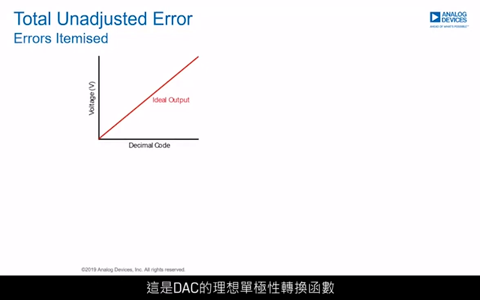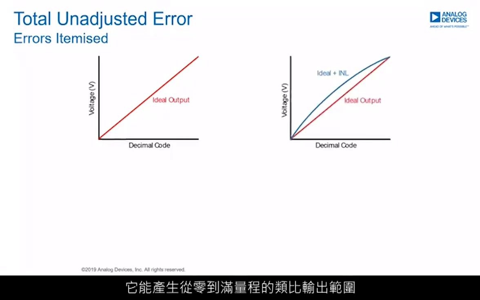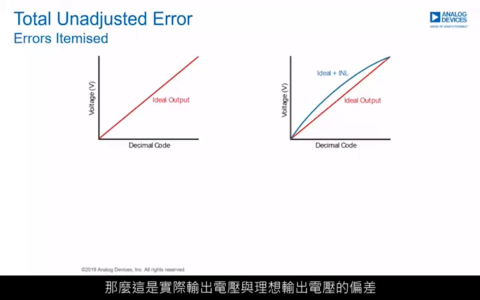This is the ideal unipolar transfer function of the DAC, which produces an analog output range from 0 to plus full scale. If we take the worst case INL error, this is the deviation of an actual output voltage from the ideal output voltage on a straight line drawn between the endpoints of the transfer function. It is represented here in blue.